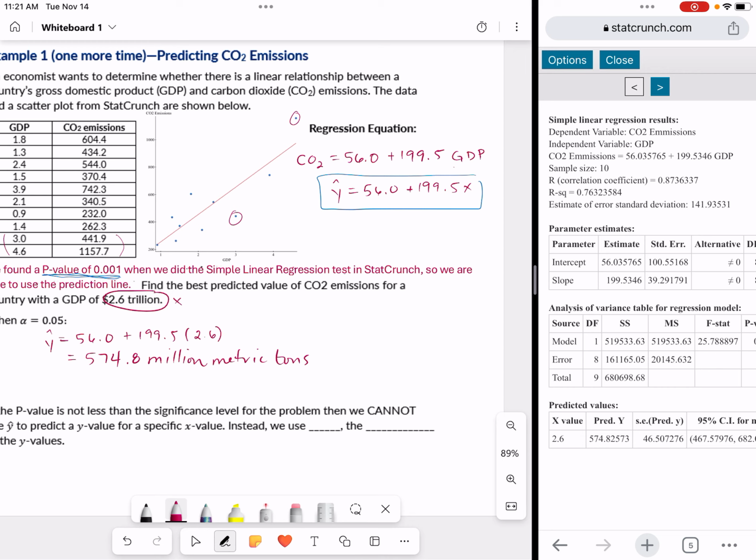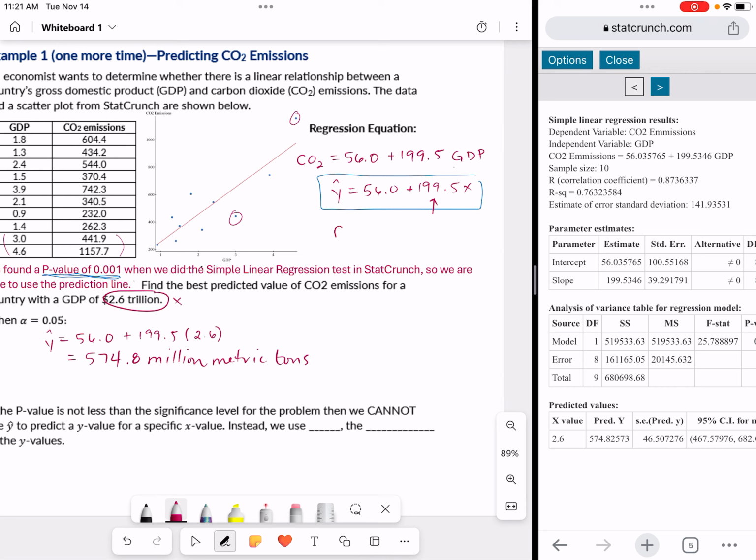Now, one other thing that this equation is telling us, and that's how would we interpret the slope. So the slope here would be that, well, I guess actually I like using it with a per unit.